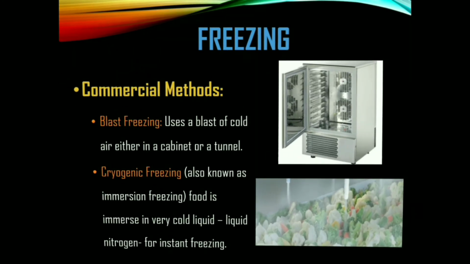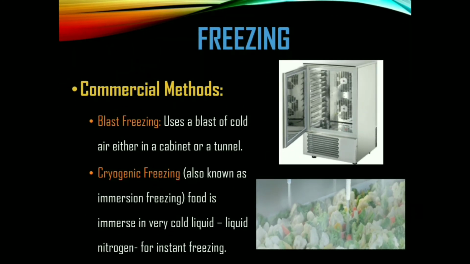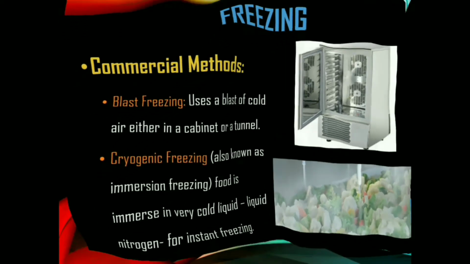Now, the next example is blast freezing, right? And this uses a blast of cold air either in a cabinet or a tunnel. The next one is cryogenic freezing, also known as immersion freezing, where food is immersed into very cold liquid and liquid nitrogen is also added for instant freezing.